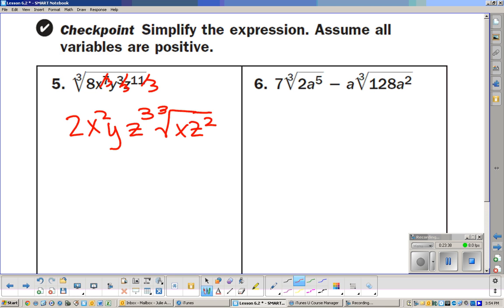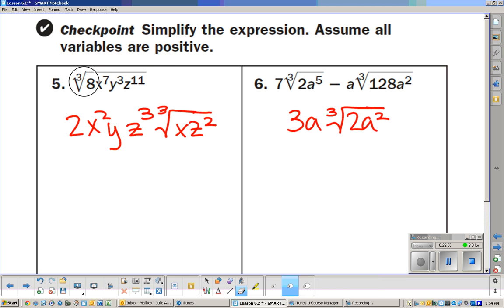Okay, the next one, we have 3, and then if you simplify both of these, you would get a cubic root of 2a squared. You know what, I'm going to take a little bit of time back on this number 5 now that I think about it, because this is going to cause you some troubles. Remember, if you get stuck, write everything with a fraction exponent.